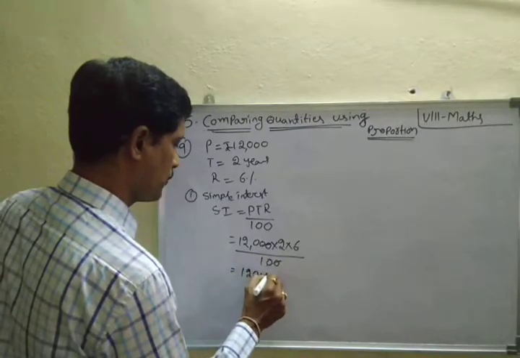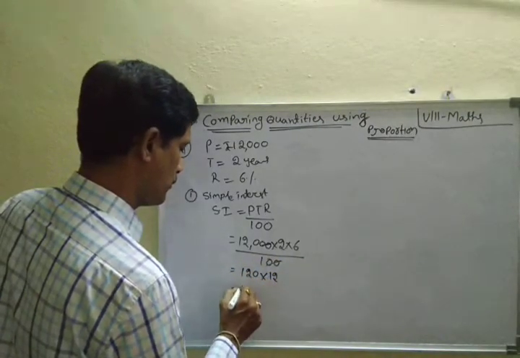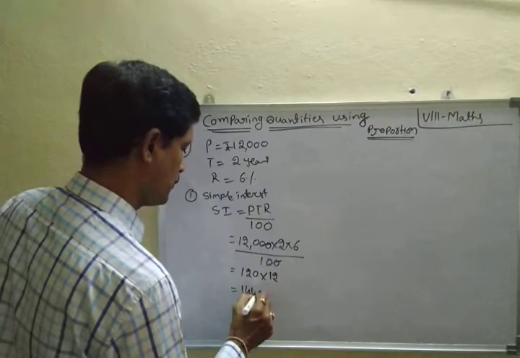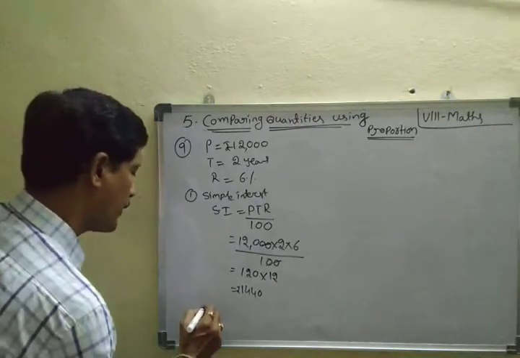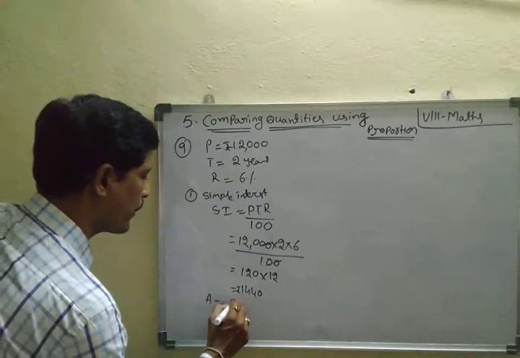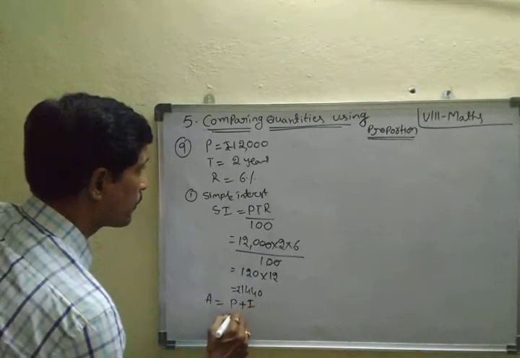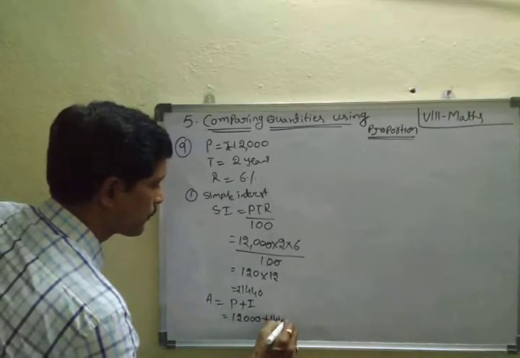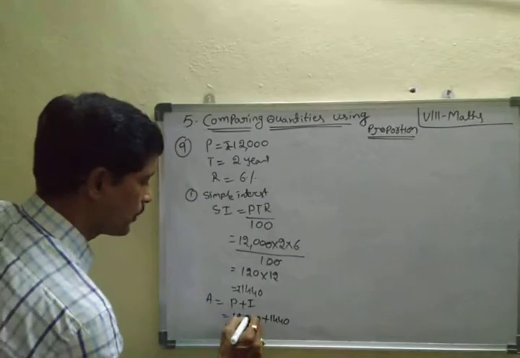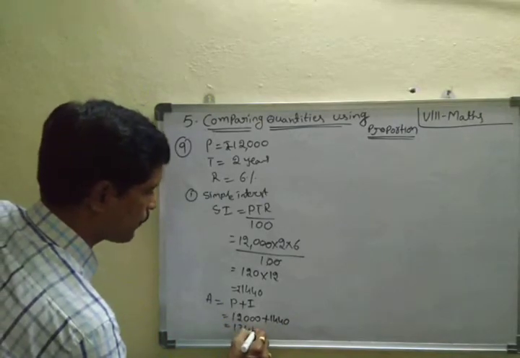Therefore the interest is 1,440 rupees, and amount equal to P plus I, that equal to 12,000 plus 1,440 rupees, that equal to 13,440.